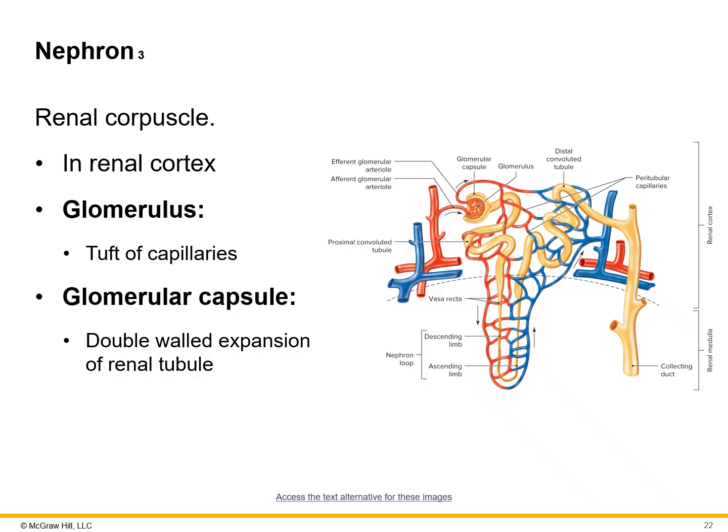Now, those nephron loops and those collecting ducts are surrounded by the vasa recta, which if you look at the diagram, you'll see towards the middle. Think of it as like a little cover over it. Okay, we're going to move on to the next slide.